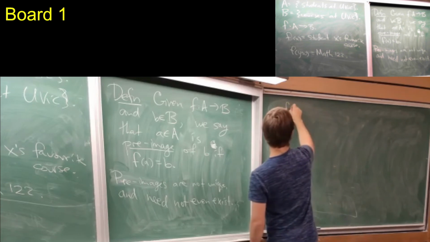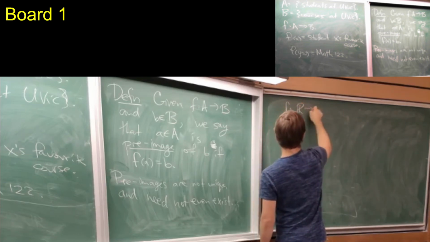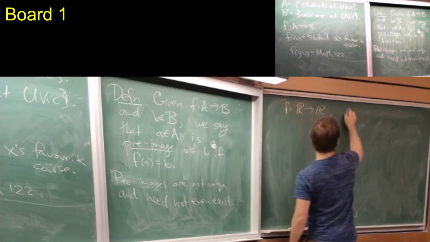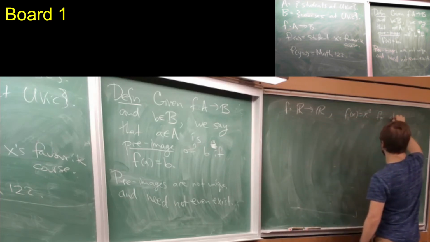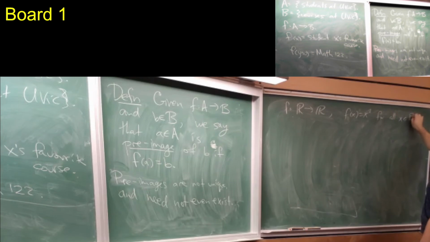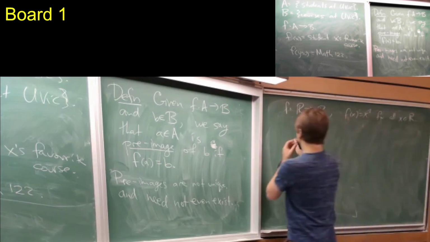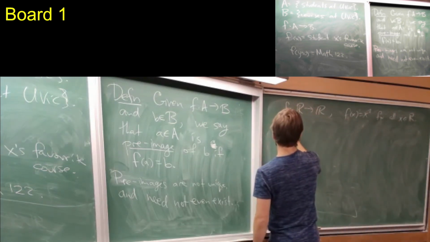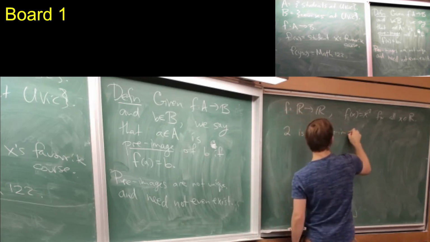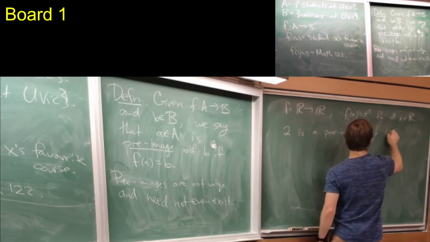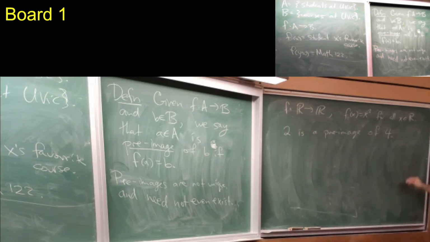So again, if I take f from R to R, such that f of x is x squared for all x in R, then 2 is a preimage of the number 4, because f of 2 is 4.